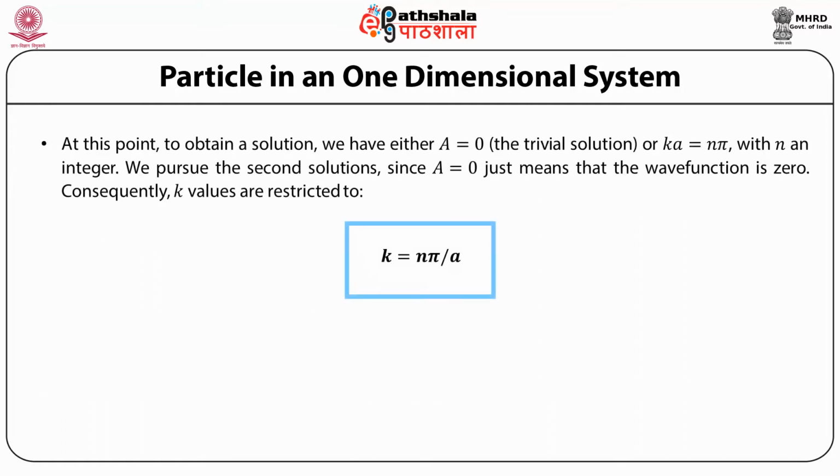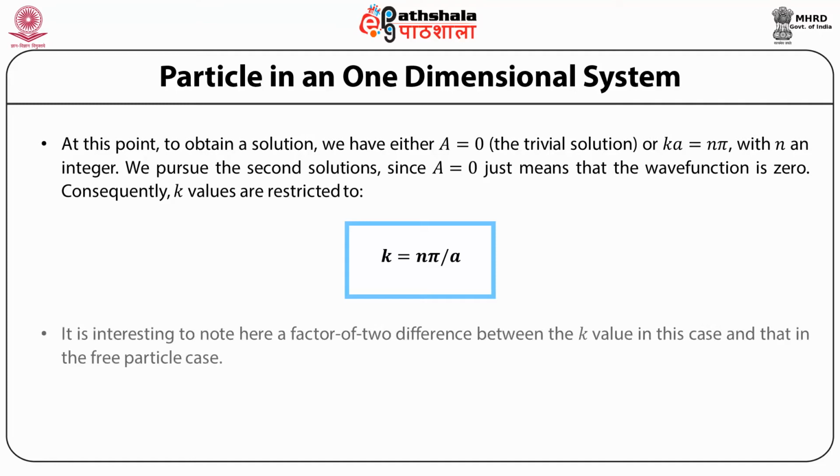So at this point, in order to obtain a solution, we have either A equal to 0 or ka equal to n pi, with n as an integer. Now A equal to 0 just means that the wave function is 0, which is not possible.